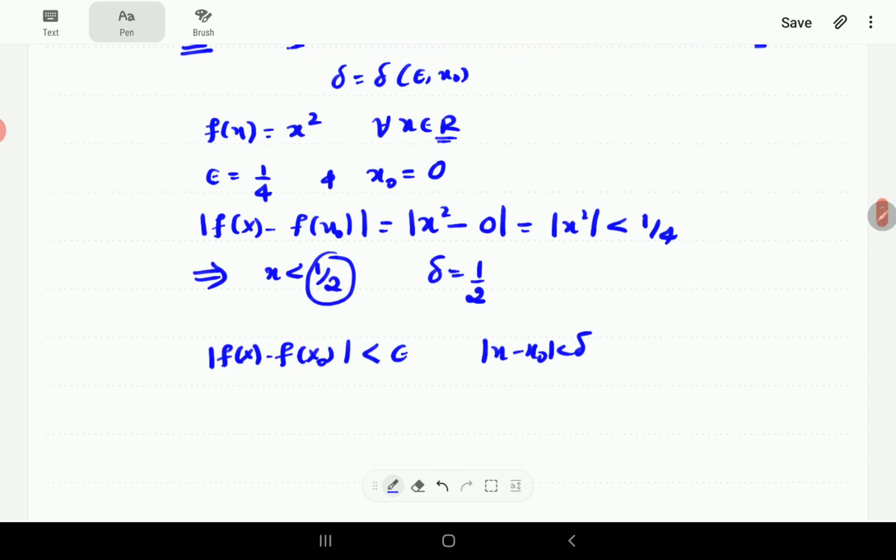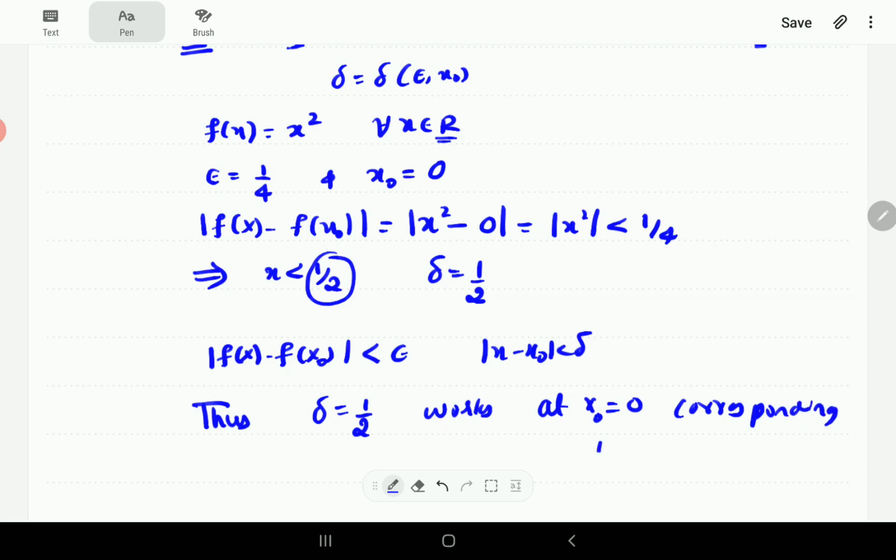As per this, delta corresponds to 1 by 2 and epsilon is equal to 1 by 4. Thus delta equal to 1 by 2 works at x naught equal to 0, corresponding to our epsilon equal to 1 by 4, which we chose in the beginning.